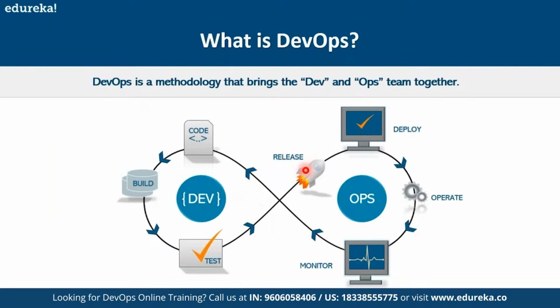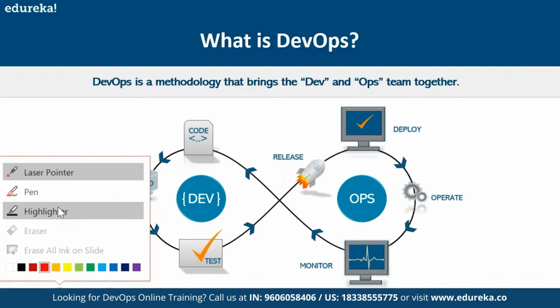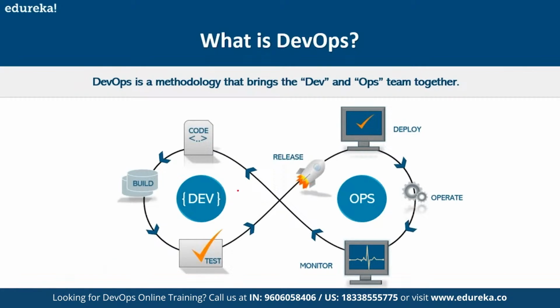Which is the most critical step, according to you all? All the steps are equally important, but the main steps will be the ones in which there is interaction between the two teams, the developers team and the operations team.